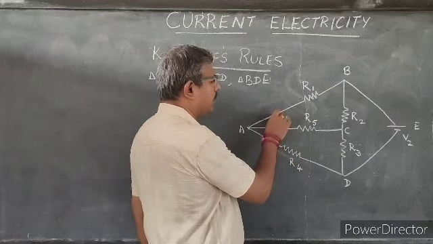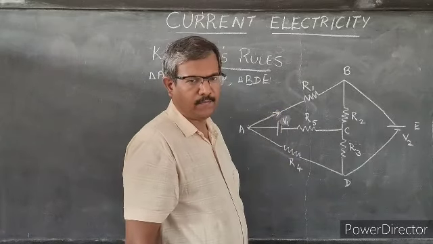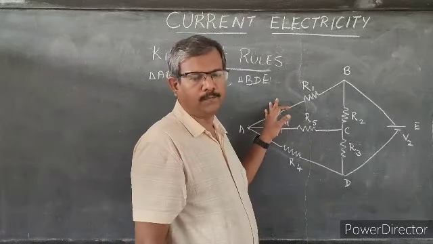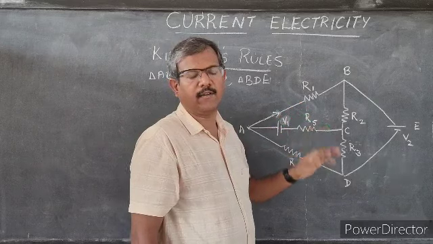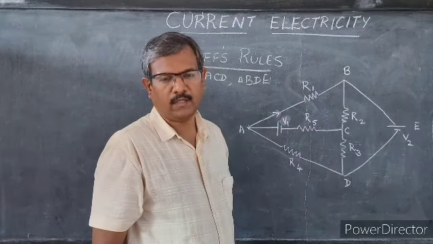So I'll repeat it once more. If I assume initially that the current is flowing in this direction and I name this current, let's say I2, and eventually when I get the value of I2 after all the calculations, let's say I get the value of I2 to be minus 5 amperes.